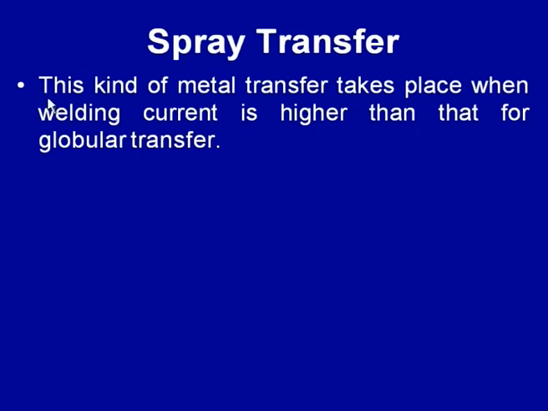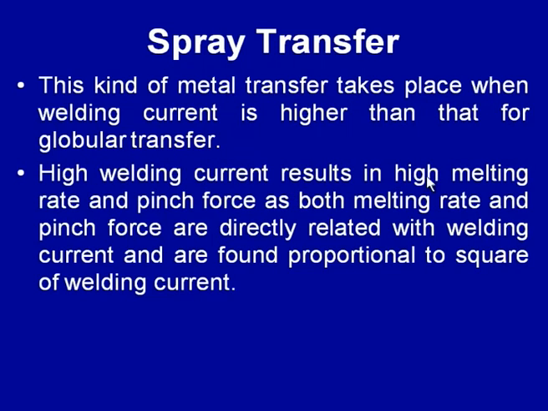The spray transfer is another one, where this kind of transfer takes place when the welding current is higher than that required for the globular transfer. In this case, the high welding current results in a high melting rate, and also causes a high pinch force.